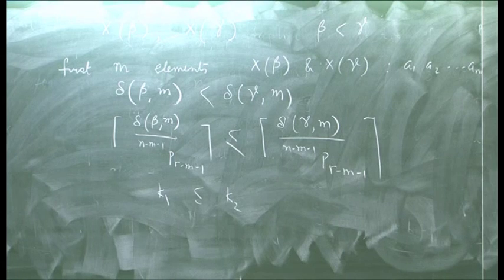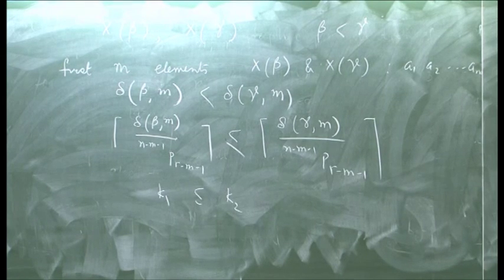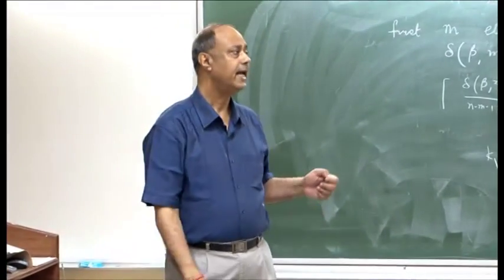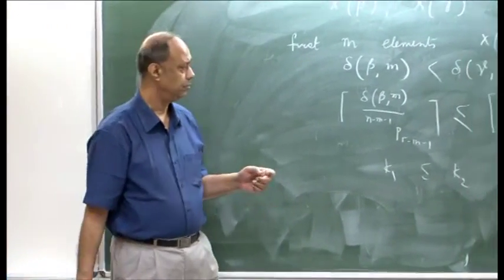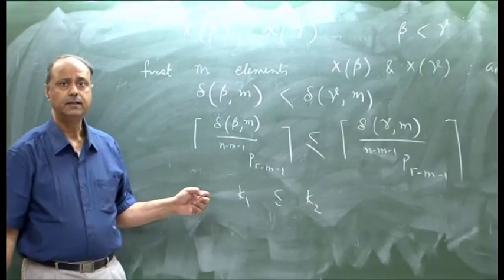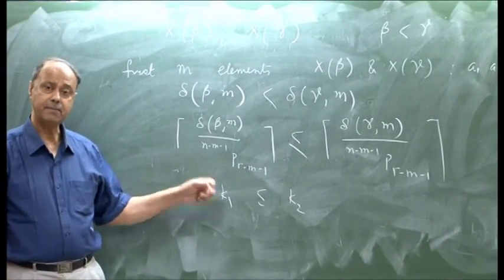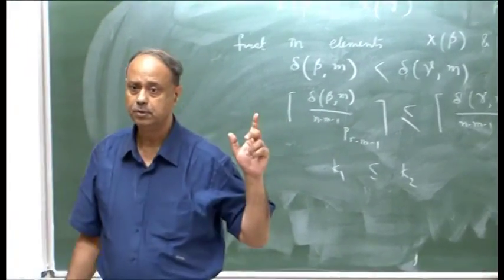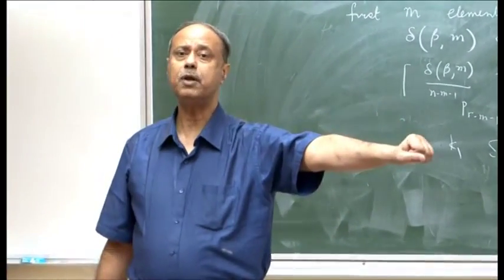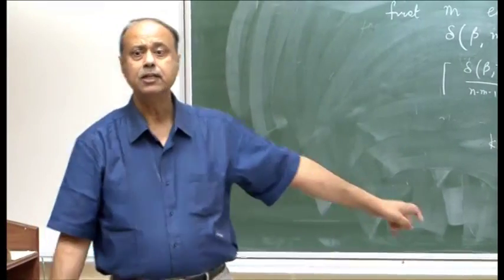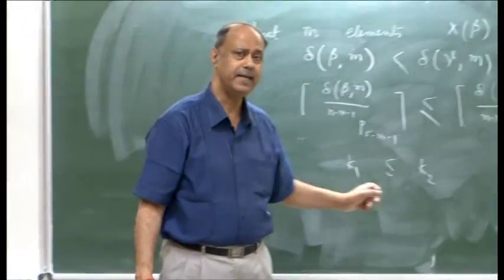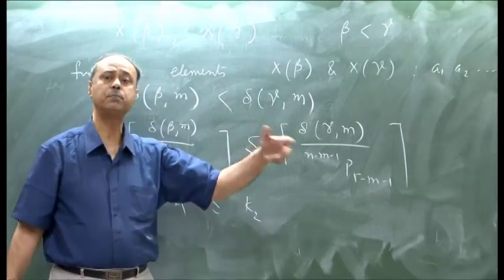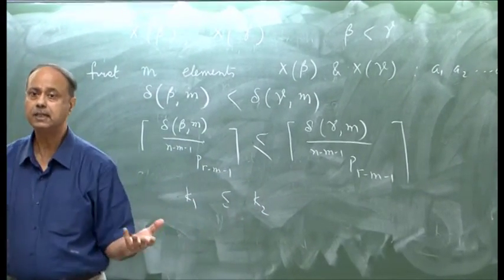Now, if K1 is less than K2, that means what? You will be finding a non-negative integer u in S, K1 plus u. K1 is different from K2, and it will get the smaller value, because K1 is the smallest element in B, and K2 is the smallest element of B. There are two distinct numbers.